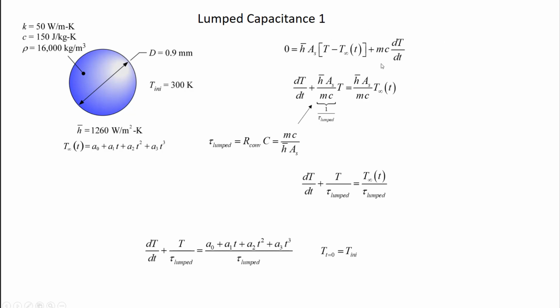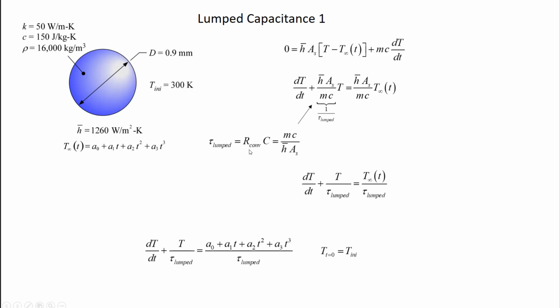We'll do the usual thing, which is take the highest order derivative and divide through by everything that's constant. So we're dividing through by m times c, and put all the temperature stuff on one side, and you get this equation here, right? We have h bar times A_s divided by m times c times temperature, and then on the other side we have h bar times A_s over m times c times T infinity. And this quantity right here is just the inverse of that lumped capacitance time constant, right?